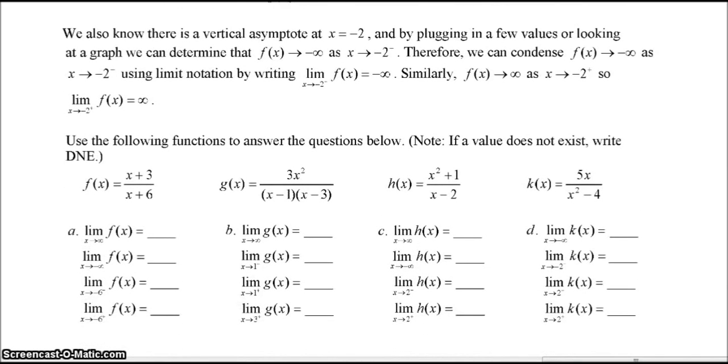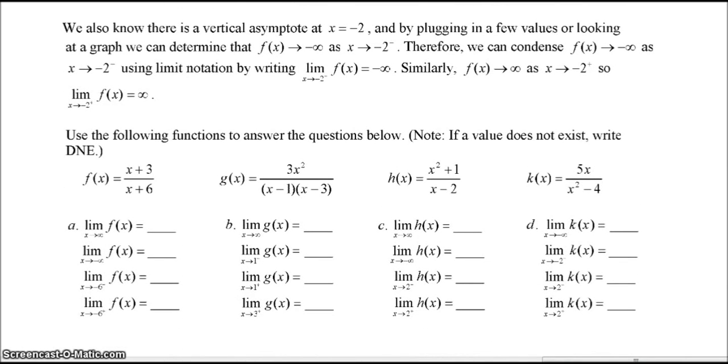We also know there is a vertical asymptote at x equals negative 2, and by plugging in a few values or looking at the graph, we can determine that f of x goes to negative infinity as x goes to negative 2 from the left. Therefore, we can condense f of x approaches negative infinity as x approaches negative 2 from the left using limit notation by writing limit as x goes to negative 2 from the left of f of x equals negative infinity.